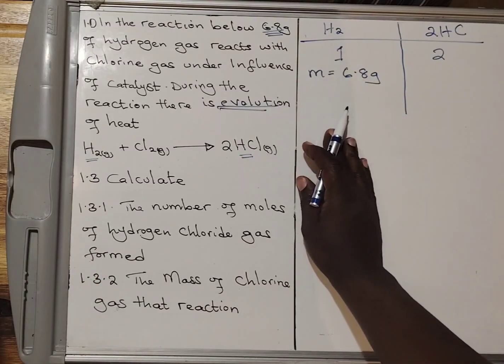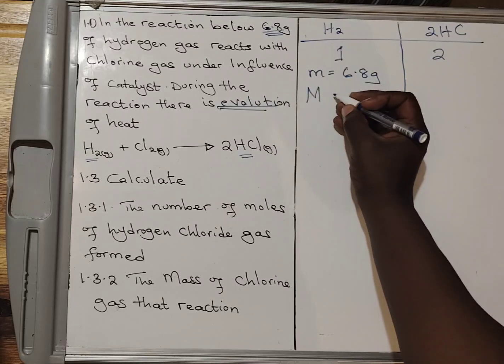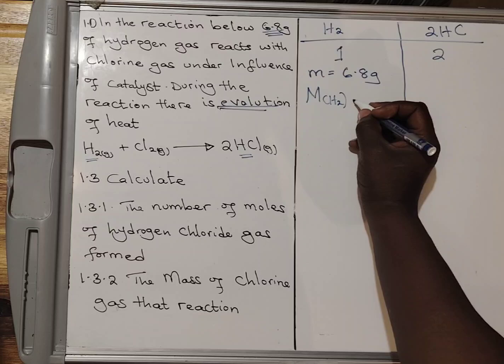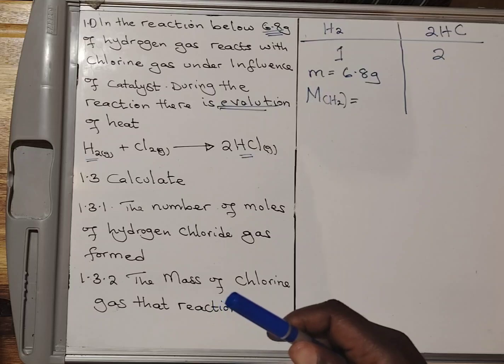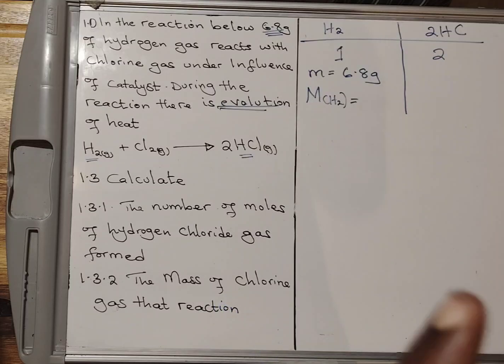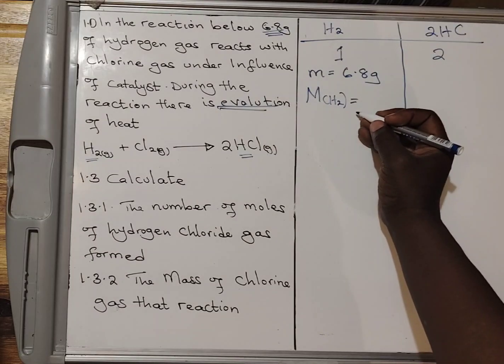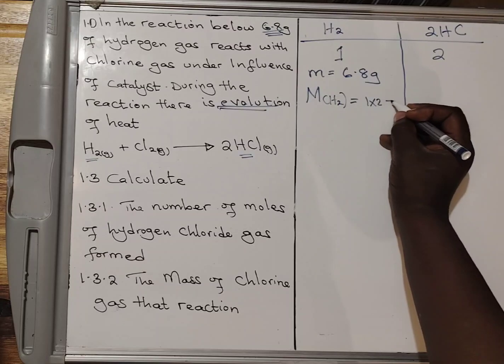We are going to convert that mass into moles. To do that, we will need the molar mass of hydrogen. We have to remember that hydrogen exists as diatomic molecules in pairs. Two atoms are combining to form one molecule. So that's why we have H2. So what do we have here? It's going to be 1 times 2, which is 2.